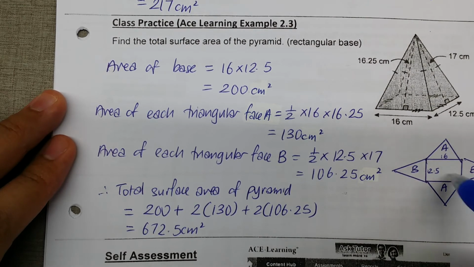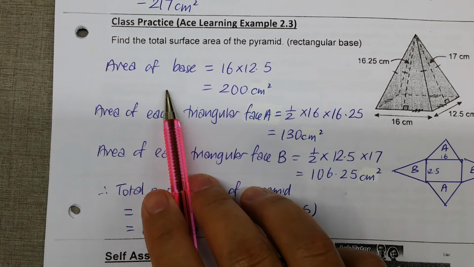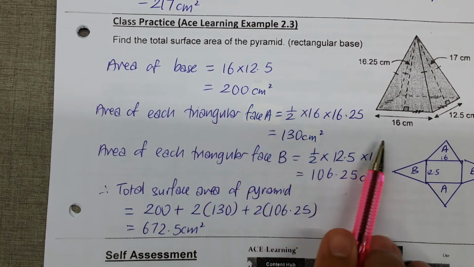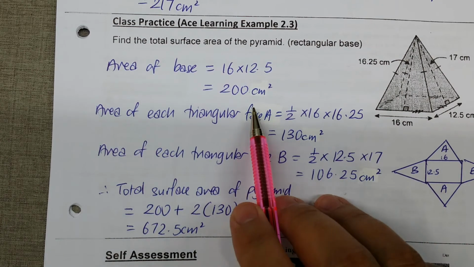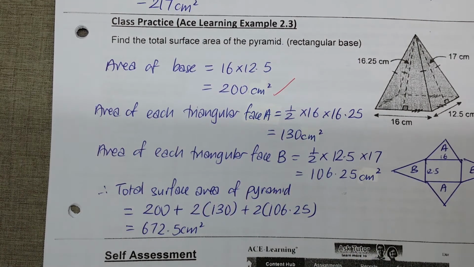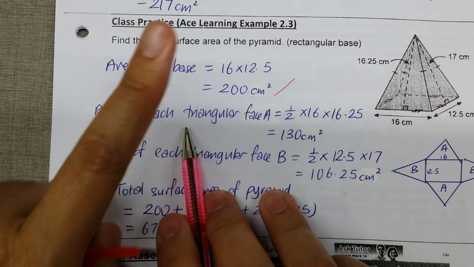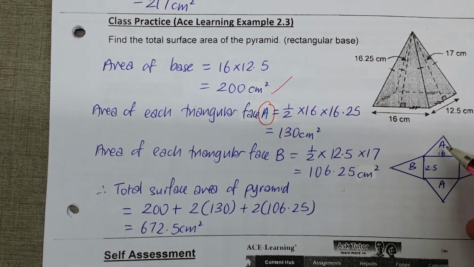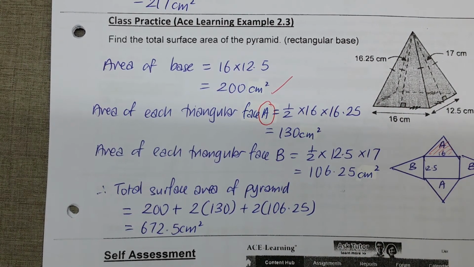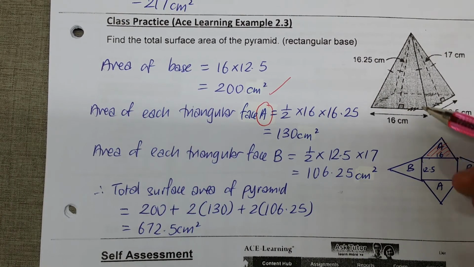Okay, so let's find individually. Let's find the area of base first. Area of base, 16 times 12.5, the rectangle, straightforward. Then the area of each, that means one triangular face A. I'm talking about this face A. Half times 16. What is the height?